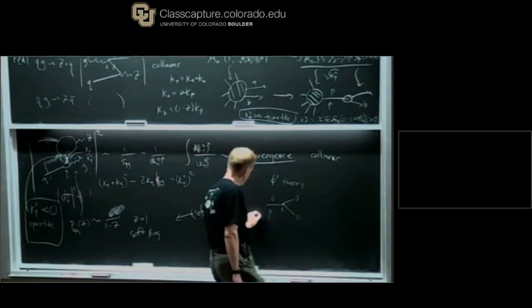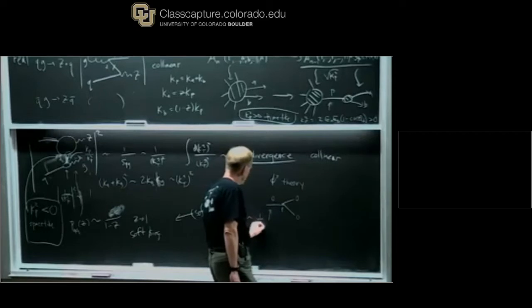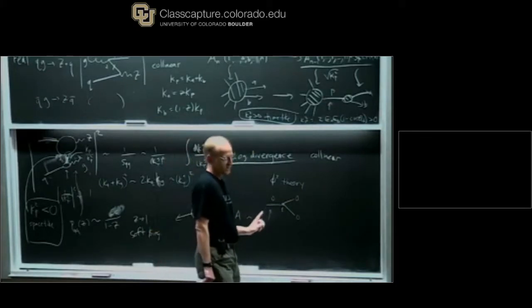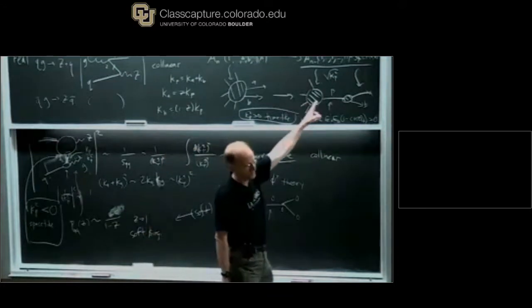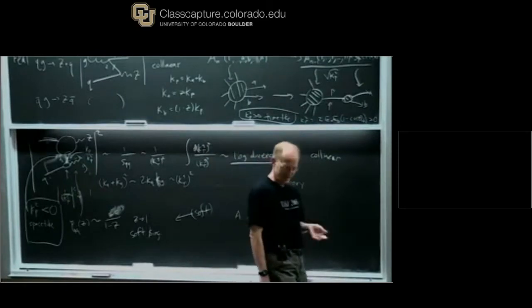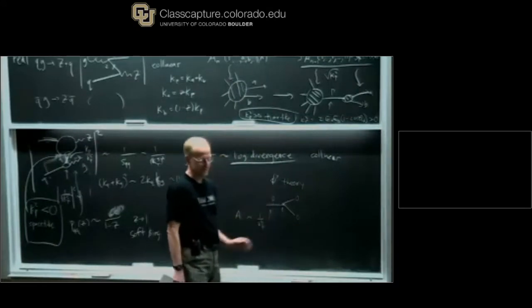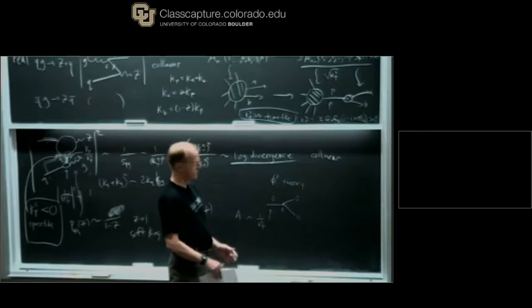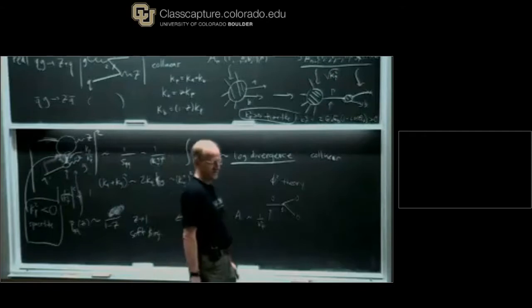Then we would literally have, at the amplitude level, 1 over Kp squared. And that would lead to much worse divergences than we actually have. At the amplitude level, we actually have square root of Kp squared. So more of the question is, why isn't the collinear divergence worse? Because we have this propagator here that looks like it's going to give us, when we square it, a 1 over Kp squared squared. And the reason for that is angular momentum conservation.